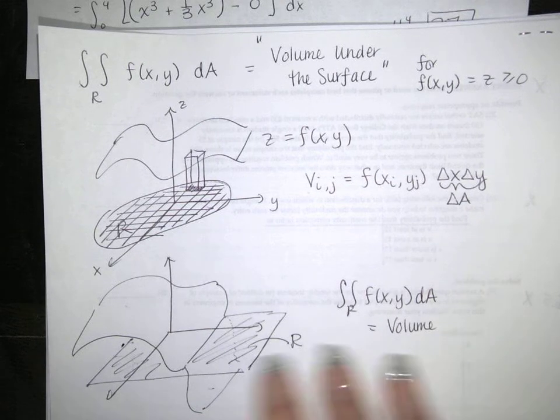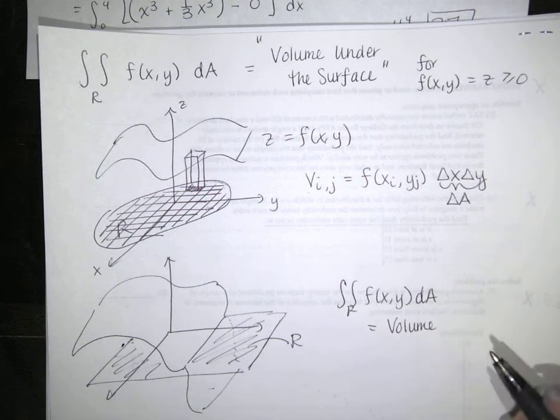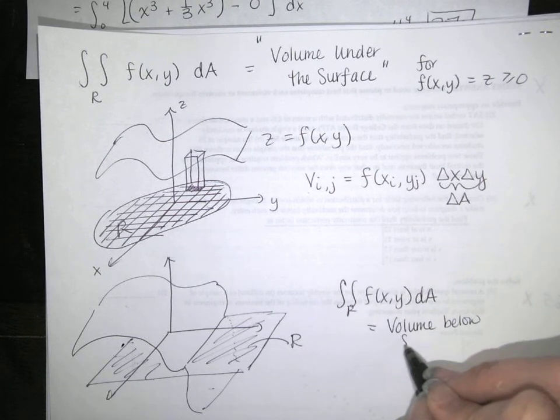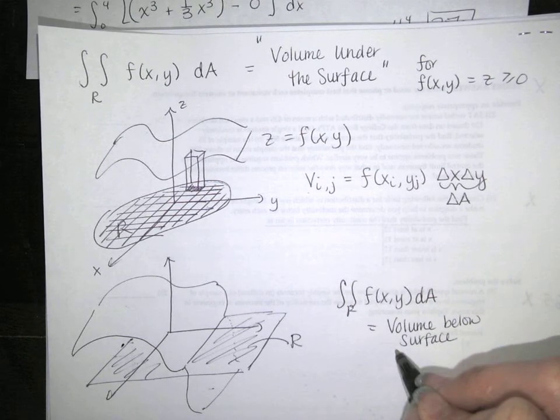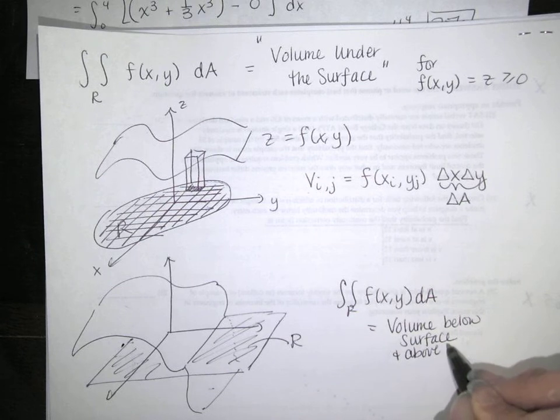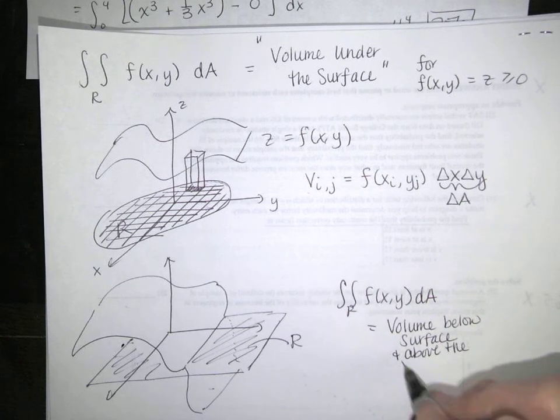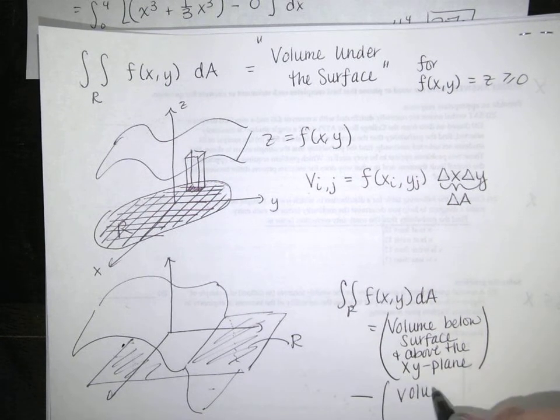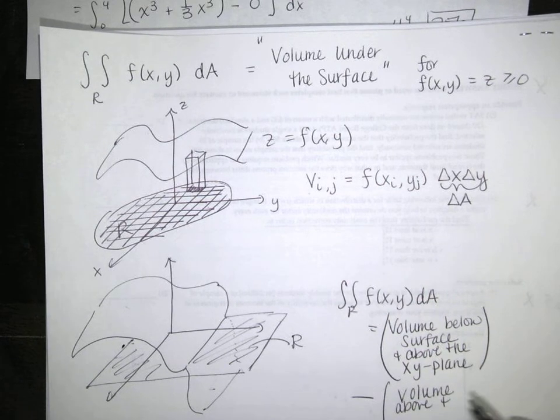So the volume between the surface and the xy plane is going to be the volume below the surface and above the xy plane, minus the volume above the surface, so the surface is down here, and below the xy plane.